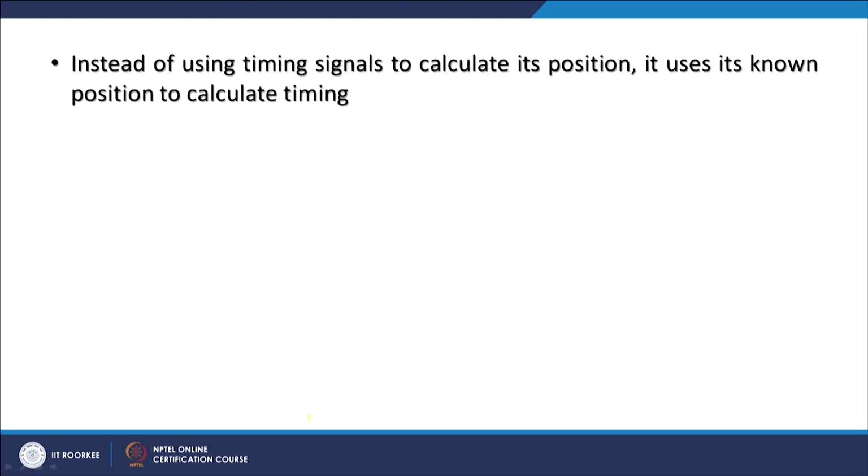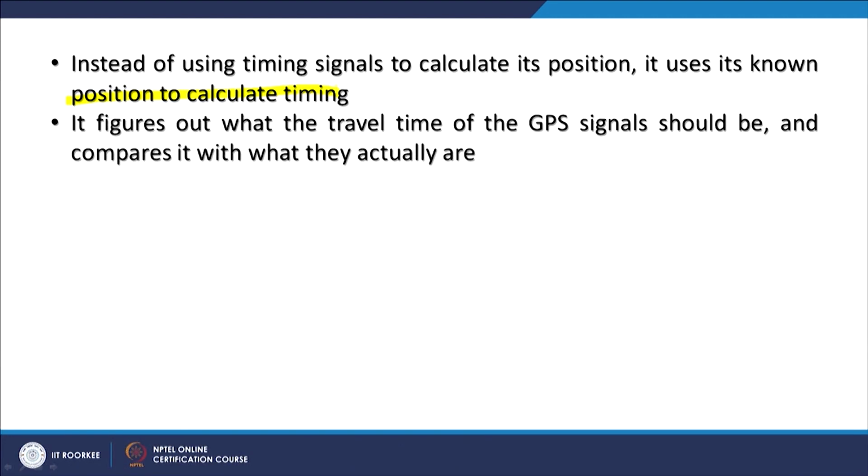So, it calculates the position to calculate the timing, and this way we collect the error information, those errors being received by our rover receiver. Once this error information is available, we can subtract these errors from the rover's position and get an accurate position.